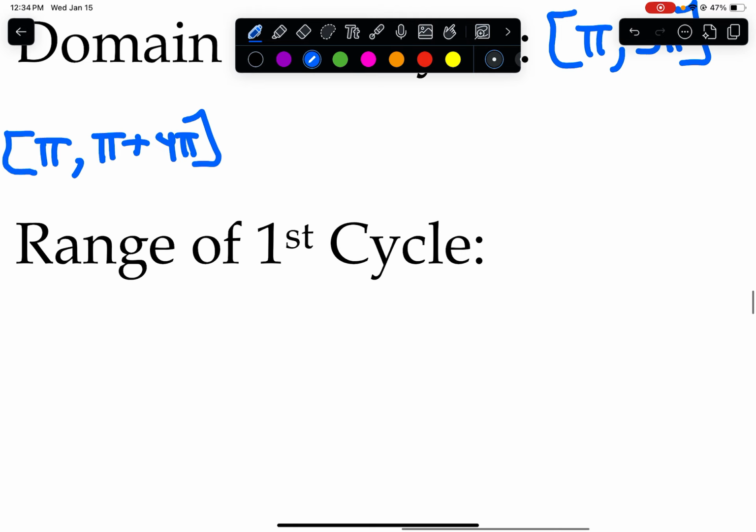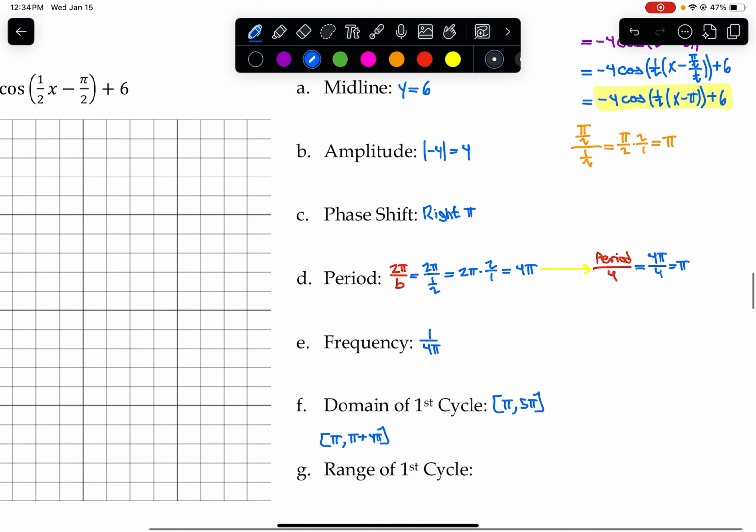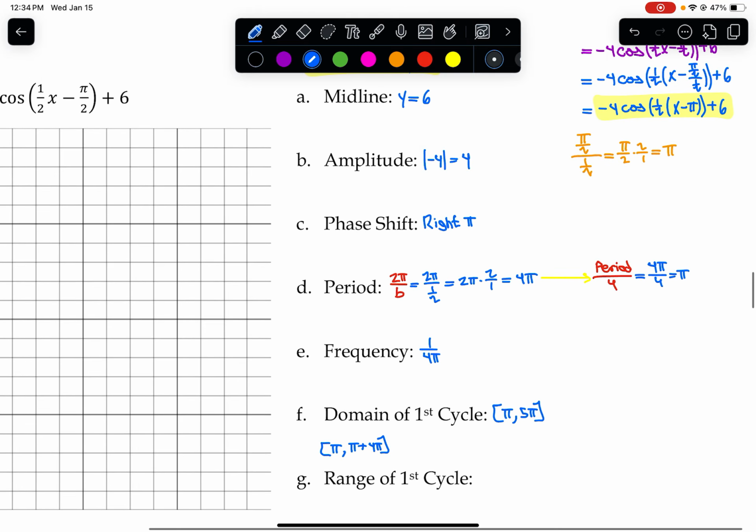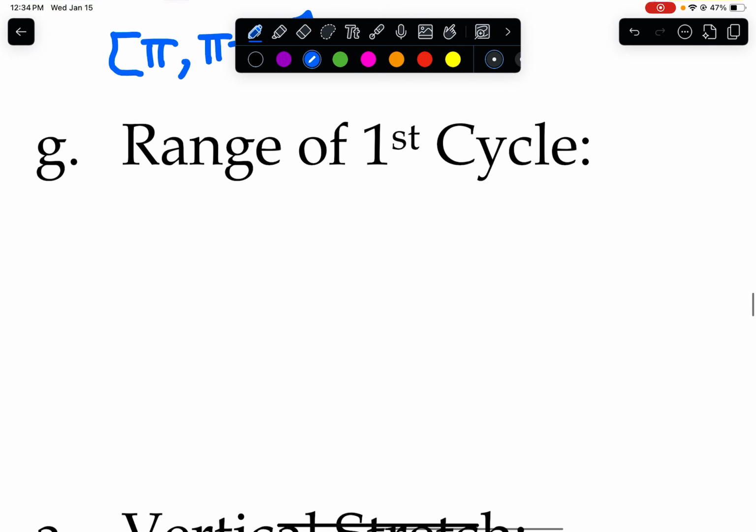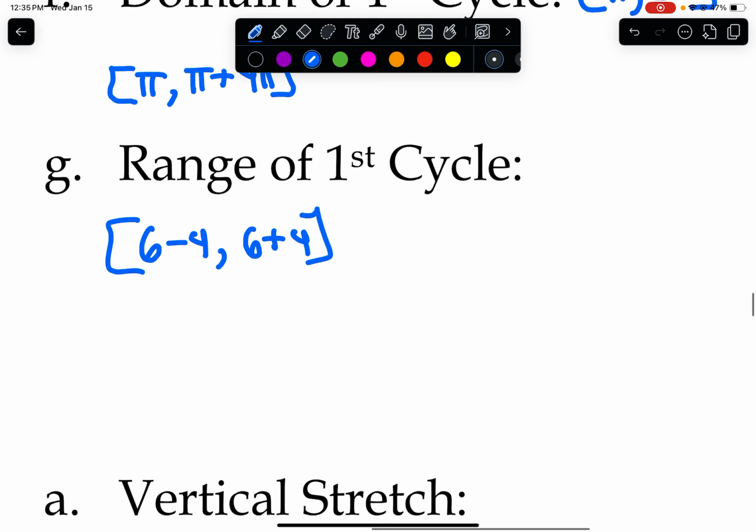And then the range, so we're going to do the midline minus the amplitude. So 6 minus 4, and then 6 plus 4. All right, so then our range will be 2, comma, 10, based on that logic.